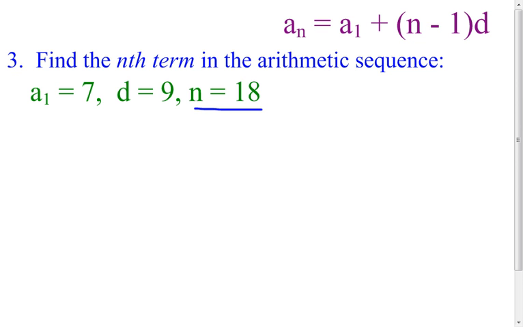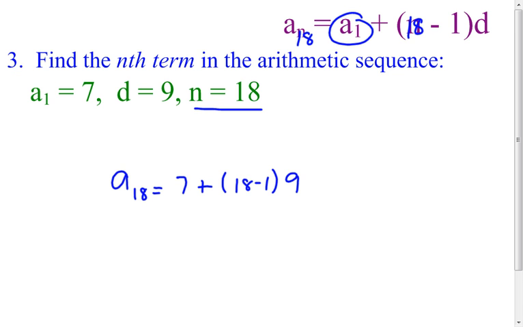So here we go. A1 is 7, so I'm plugging everything into this formula right here. So in this case, n is 18, so I'm going to go A18. I'll plug in 18 in both of those spots. A1 we know is 7, and then I have 18 minus 1, and my common difference is 9.